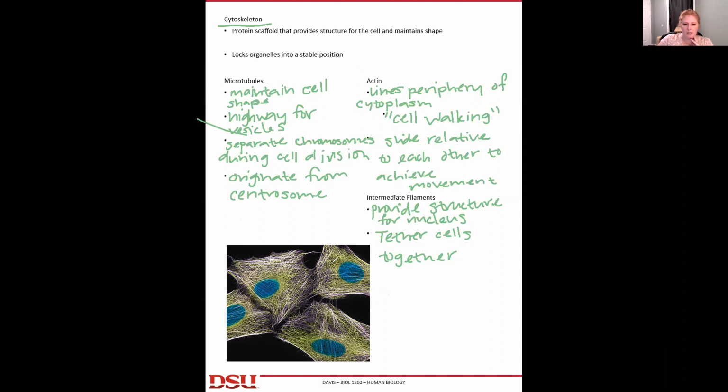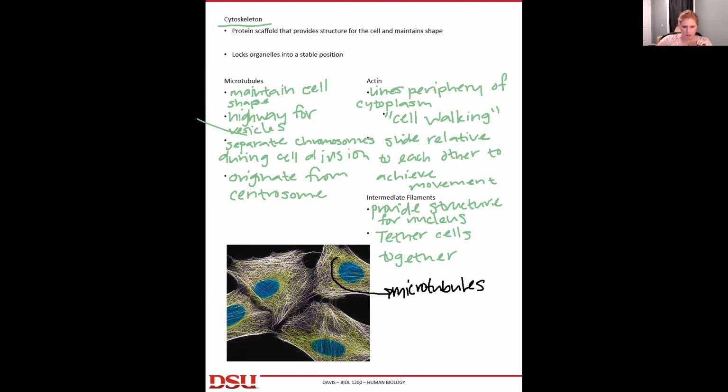So these green areas here, these are going to be the microtubules. And again, this is that kind of highway system for vesicles. You can see that it's concentrated largely around the nucleus, which makes sense because that's where a lot of our manufacturing is taking place, in this area.